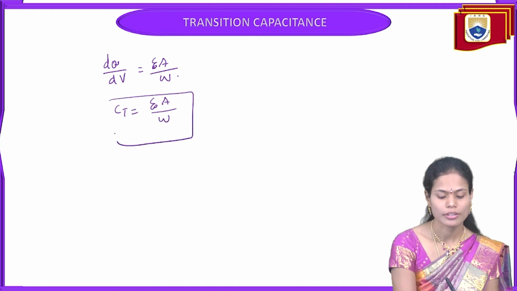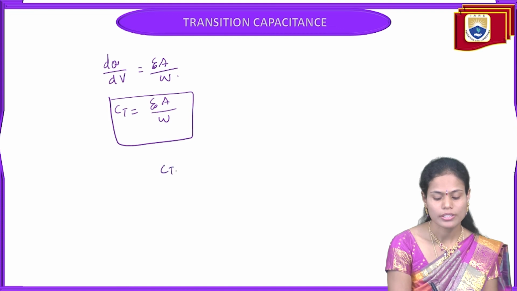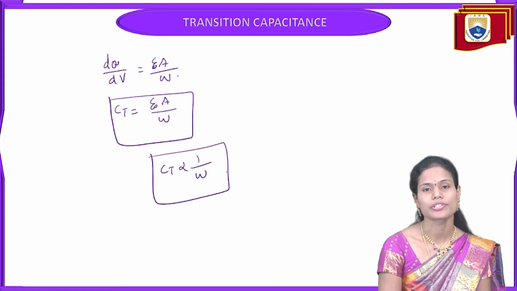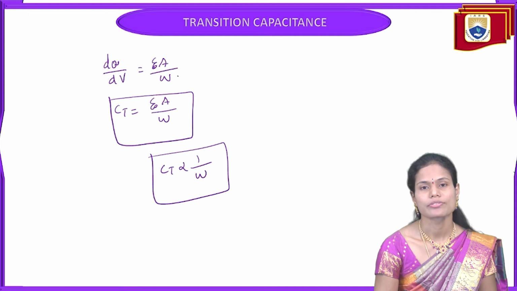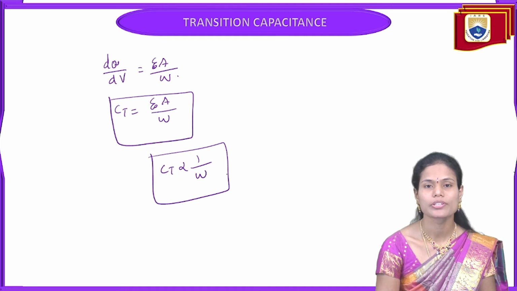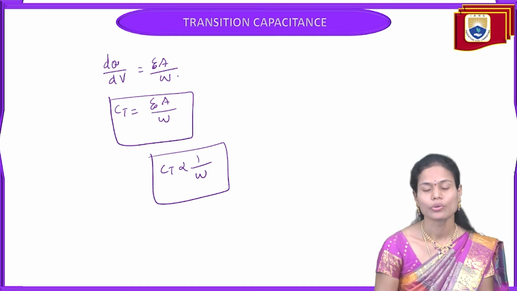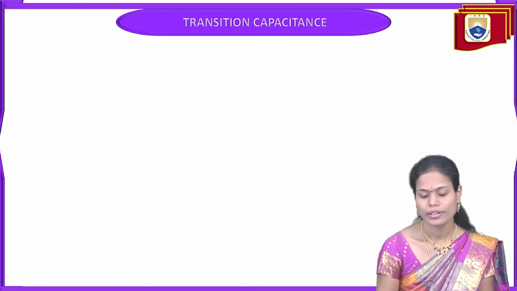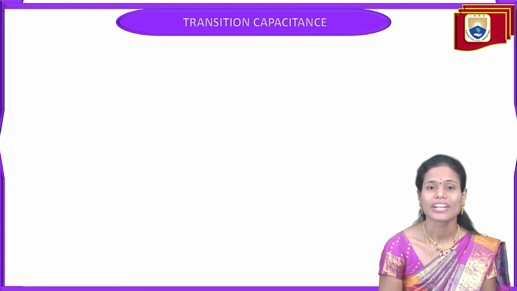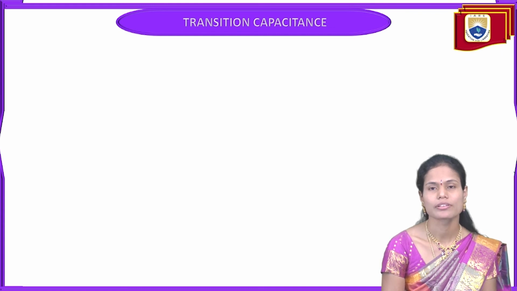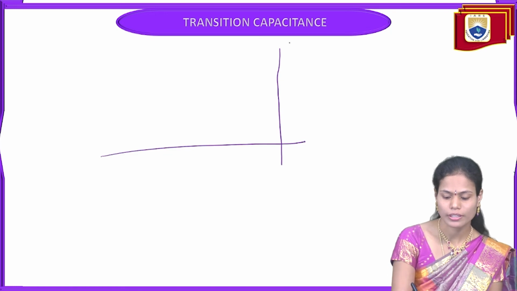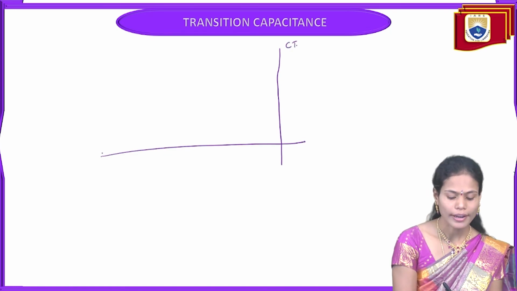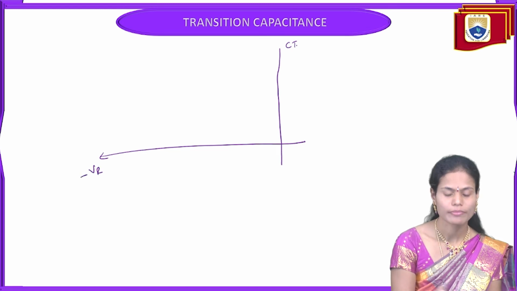From this relation, CT is always inversely proportional to the width of the depletion region. So when we want to improve the transition capacitance, we need to keep the depletion region width very small. Now the relation between the transition capacitance and the reverse voltage: I take the transition capacitance CT and the applied reverse voltage VR.